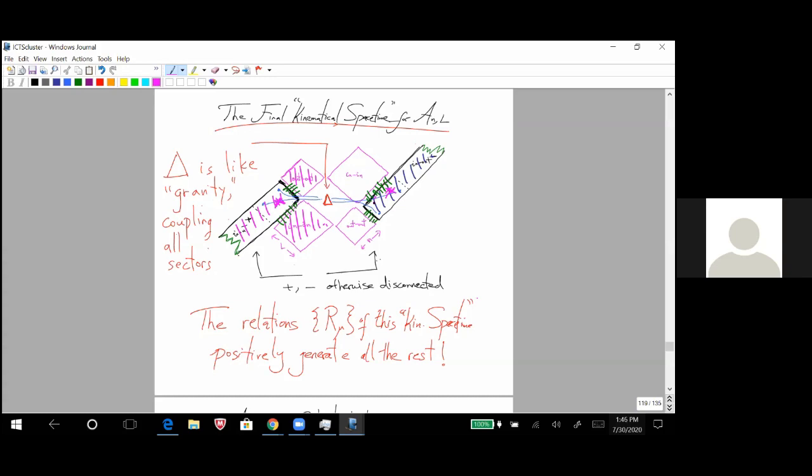So if you take all of the relations that we see in this extended kinematical space-time, including the new ones involving delta, then look at all the relations there are. I told you that the relations between positive and minus are not mutations, but if I take any two arcs on the surface and these arcs cross each other, then I can use those skein relations to get some relation between them.